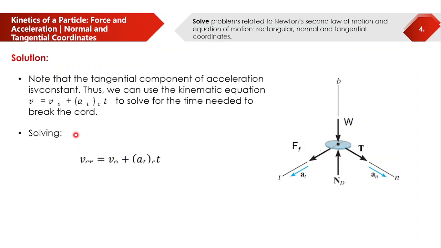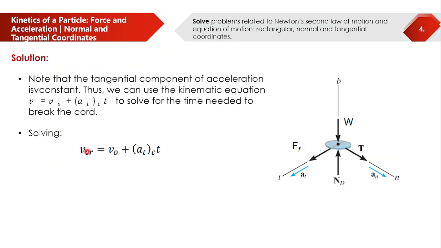Ayan. So, solving with critical velocity. Okay, parang nag-interconnect siya, class. Kumbaga, na-relate natin yung maximum tension ng cord sa pag-solve natin sa critical speed. So ito yung critical speed na kailangan natin para ma-break natin yung cord.